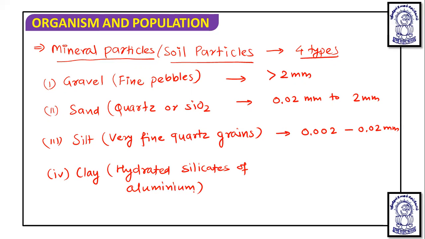These clay particles are the smallest in size, less than 0.002 mm. Compared to clay, silt is somewhat larger, sand is of larger size, and gravel has the highest size, greater than 2 mm. So these are the different types of mineral particles found in soil.